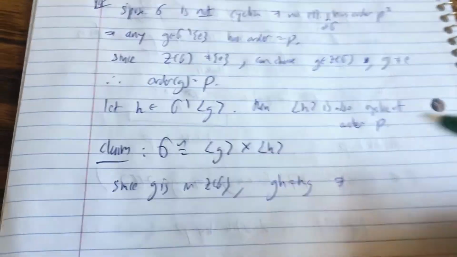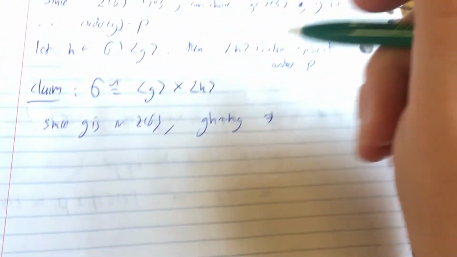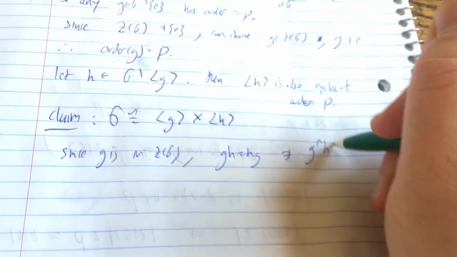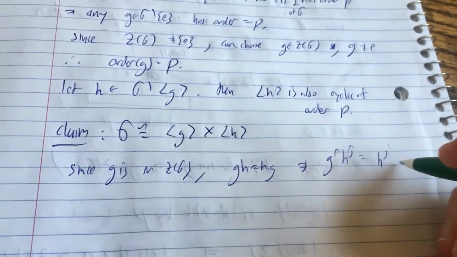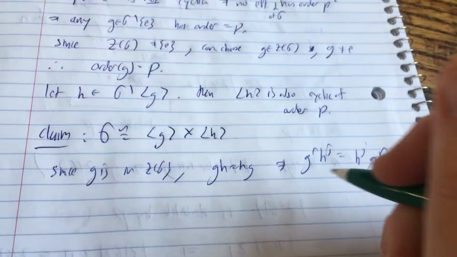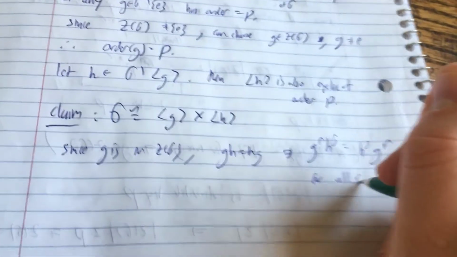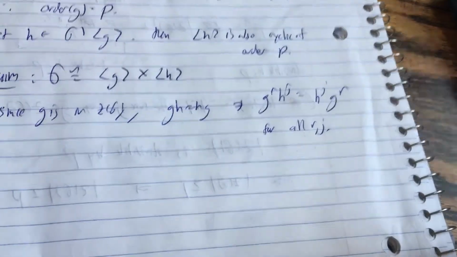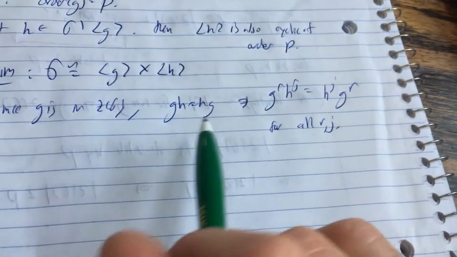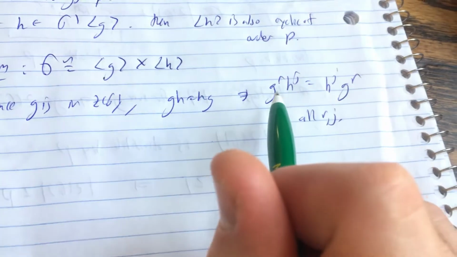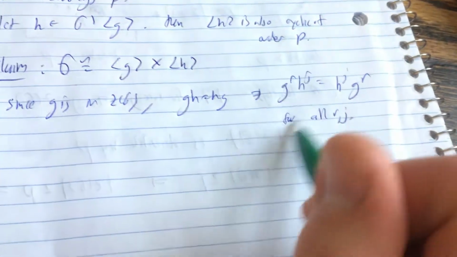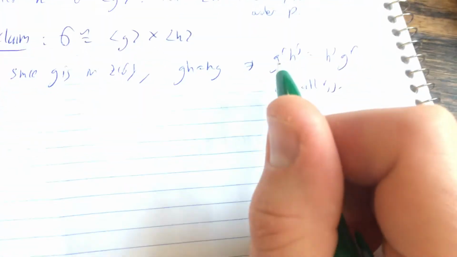And this implies that g to the r, h to the j is h to the j, g to the r for all r, j. Right? So in fact, not only do the two elements commute, but all their powers commute. And this is a quick induction on r and j.